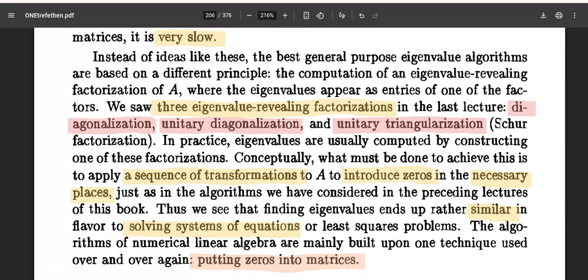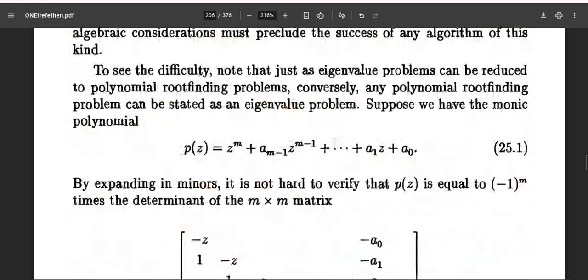Unitary diagonalization can be done only if the matrix A is a normal matrix, and the Schur decomposition, that is unitary triangularization, can be done for any matrix. Since it doesn't require any specialized conditions, the unitary triangularization, the Schur factorization, will be used in computing the eigenvalues.